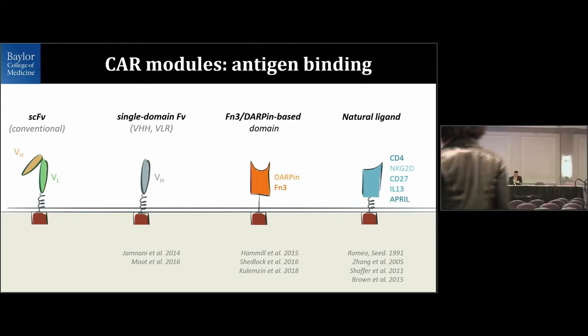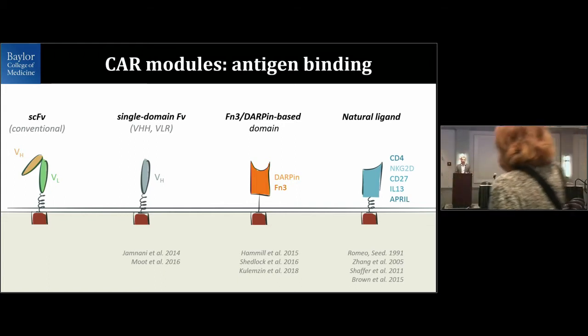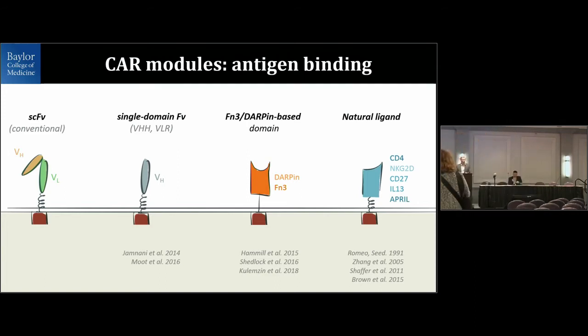So most of the time, the antigen binding domain is derived from an antibody in mice or human antibody, but it doesn't have to be so. One can use also antibody or antibody-like sequences from fish or from camels or llamas. They naturally do not have light chain, and so the entire antigen recognition is actually programmed in a single heavy chain domain.